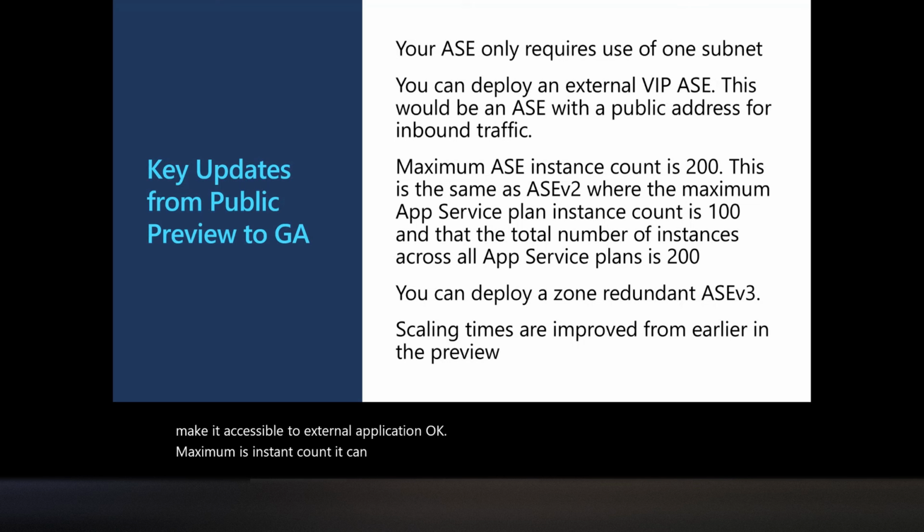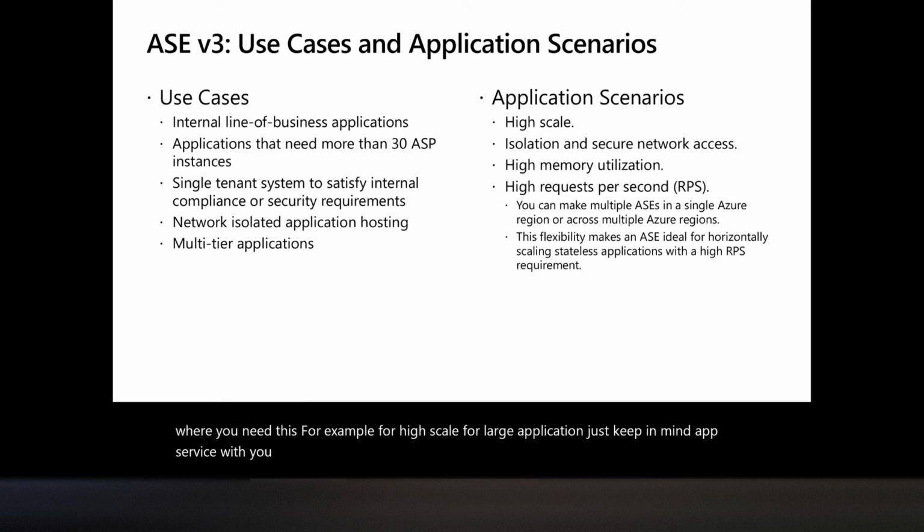For example, for high scale, for a large application, just keep in mind that with App Service, even with Premium, you can go up to 30 instances. With ACE, you can go up to 200 instances.